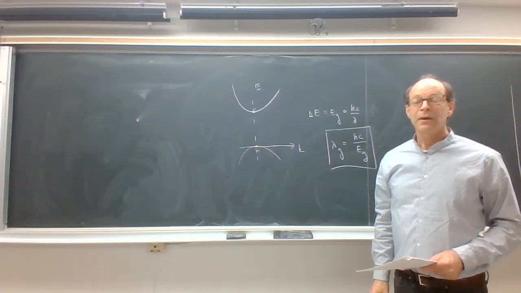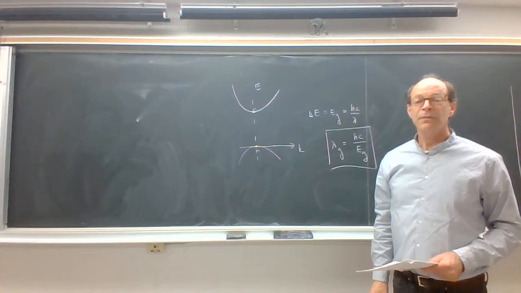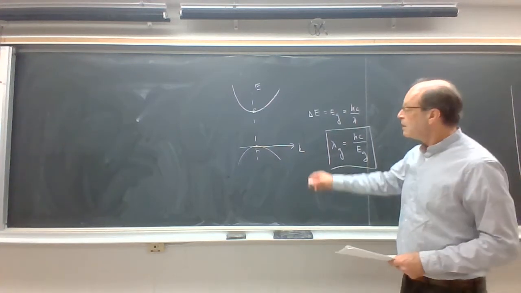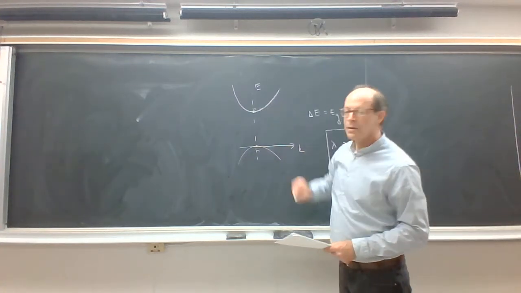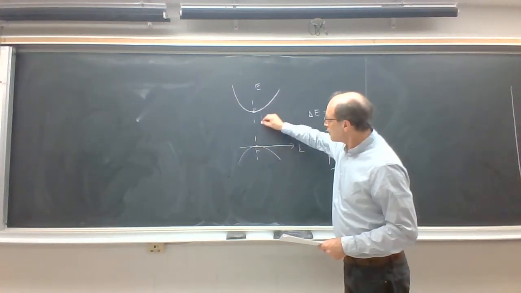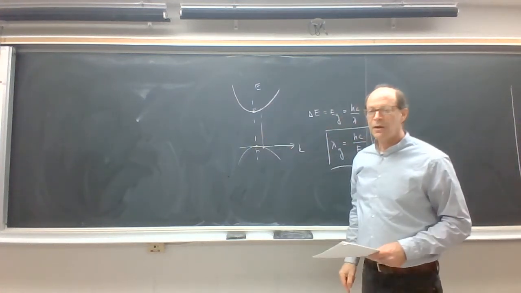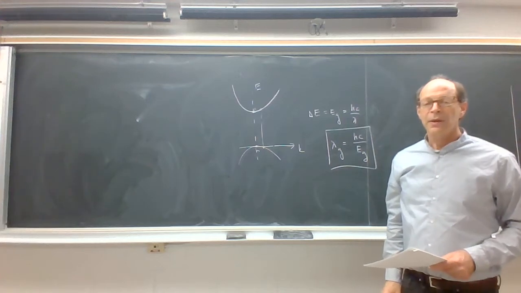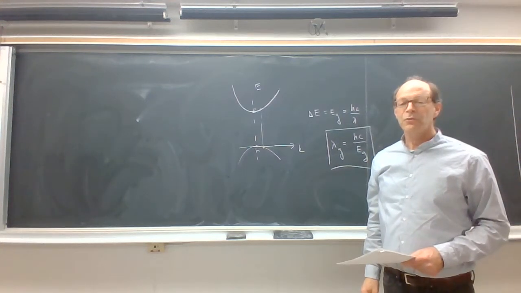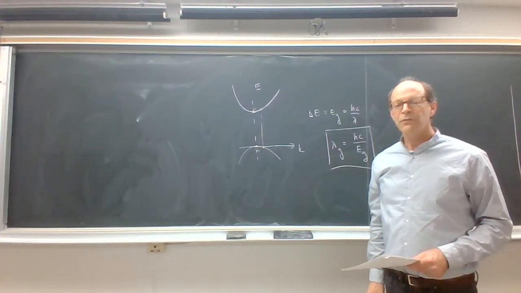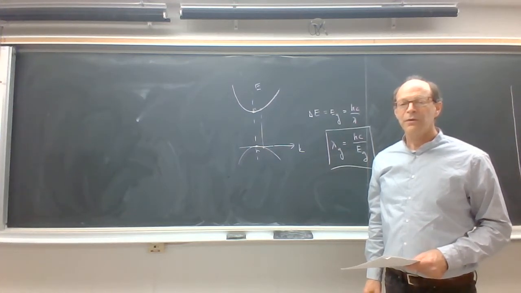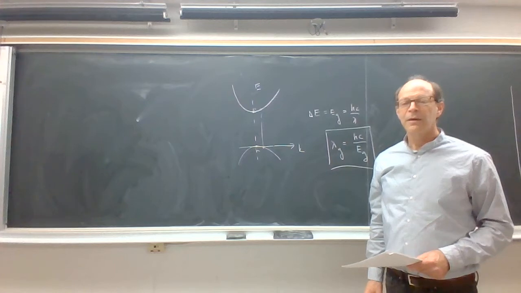However, the transitions that could occur can be from higher states in the conduction band into lower states in the valence band. That means that the emission wavelength will actually develop over a range of wavelengths, and we can no longer define it as a single wavelength.